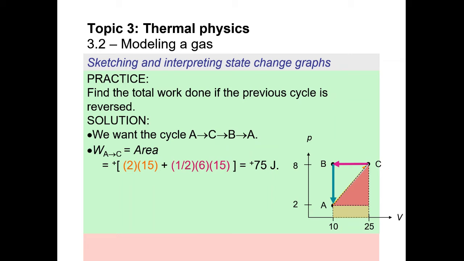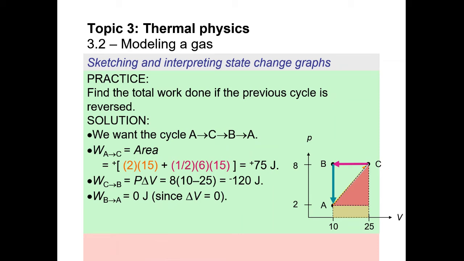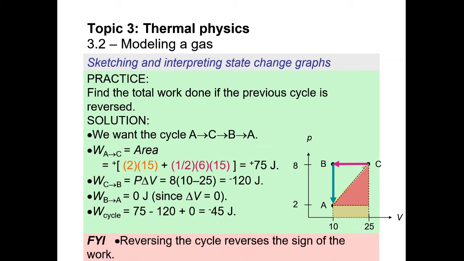C to B, the pressure is constant, so we're going to use P times delta V. Pressure is 8, volume is final 10 minus initial 25. That's negative 120 joule as the gas is contracting. For B to A, the volume is constant, or change in volume is 0, so we get 0 joule. So cycle 75 minus 120 plus 0 equals minus 45 joule. Reversing the cycle, reverse the sign of the work.